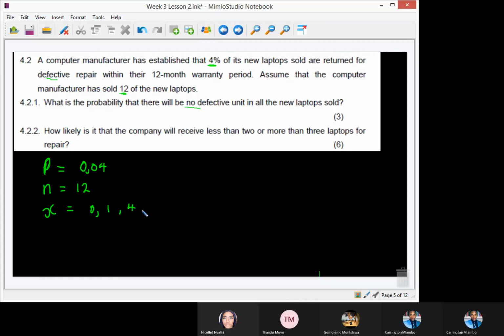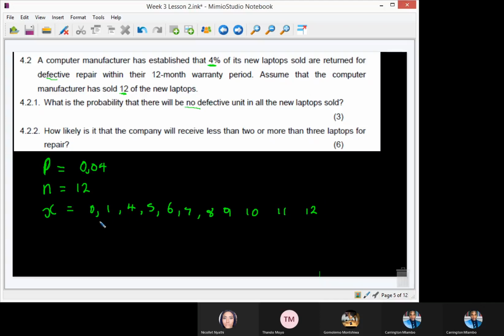It's 4, 5, 6, 7, 8, 9, 10, 11, 12. Remember, it's binomial. We end at 12. If it is Poisson, it goes to infinity. Right. So this is all that you need to calculate.